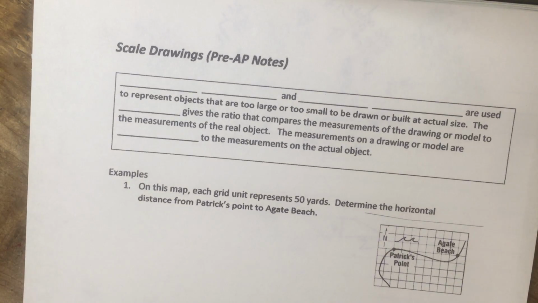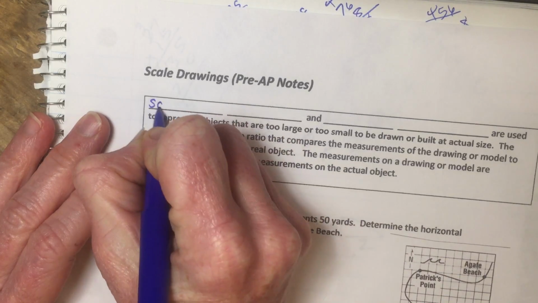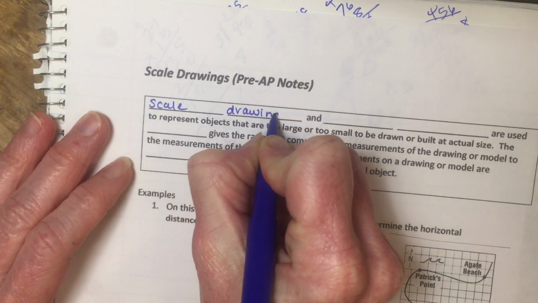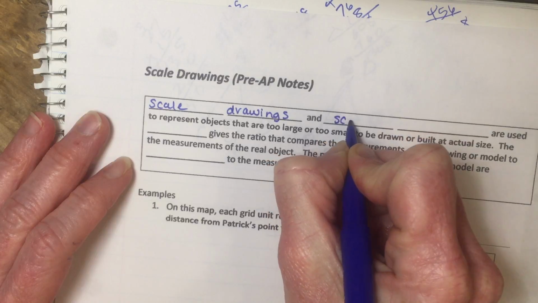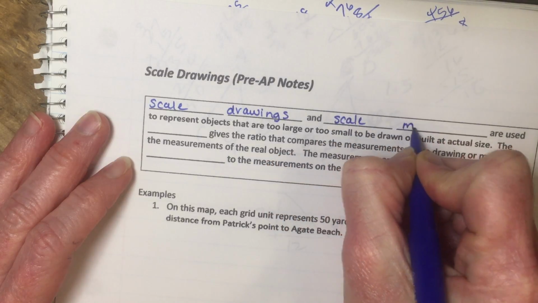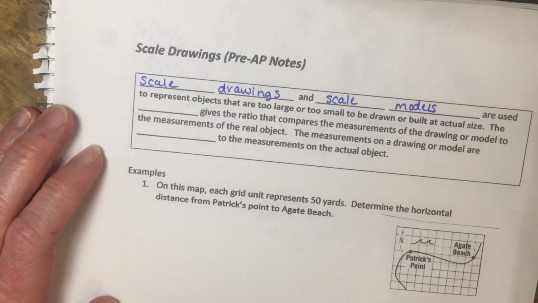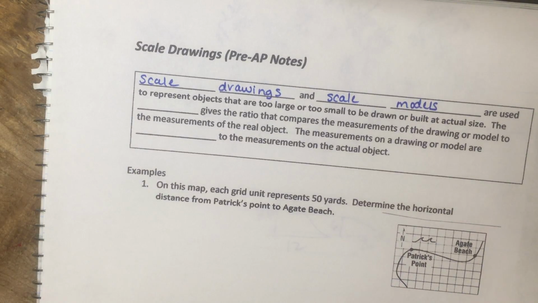So scale drawings and scale models are used to represent objects that are too large or too small to be drawn or built at actual size. Another example of this would be the map of Texas.